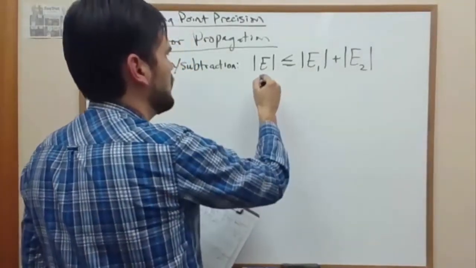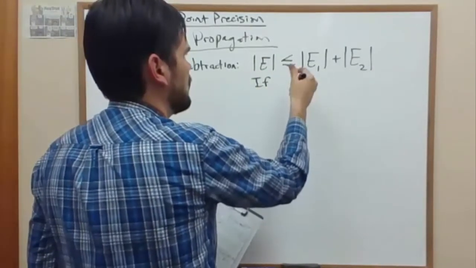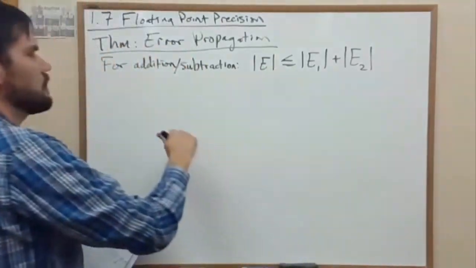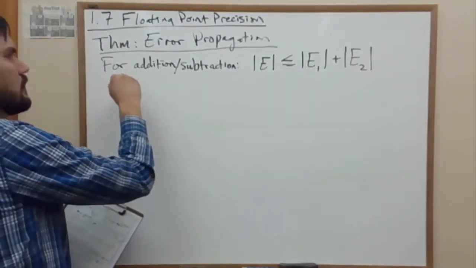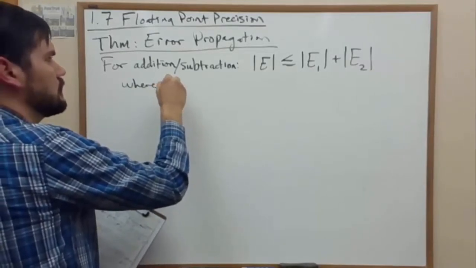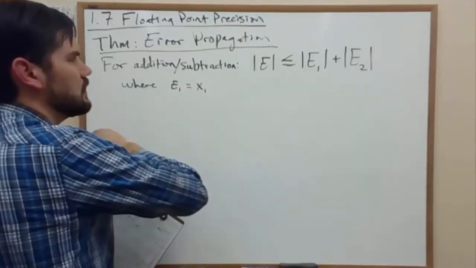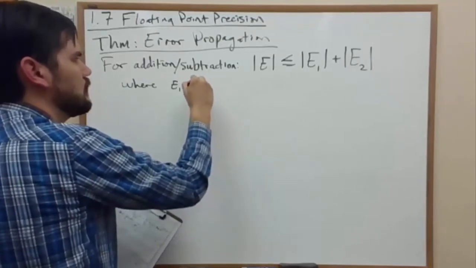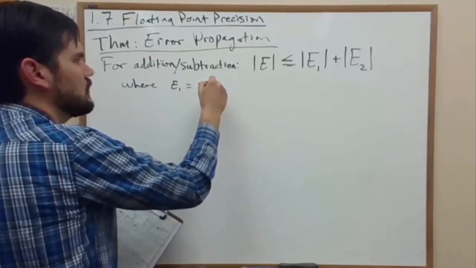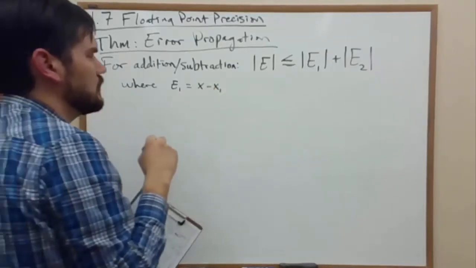So if, how do you say this? Where E1 equals our first, say x minus x1.